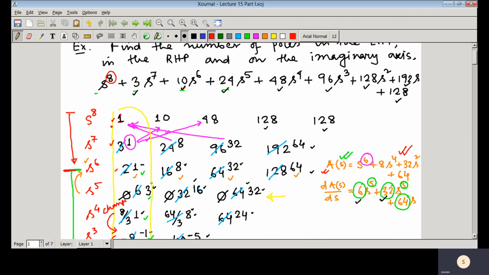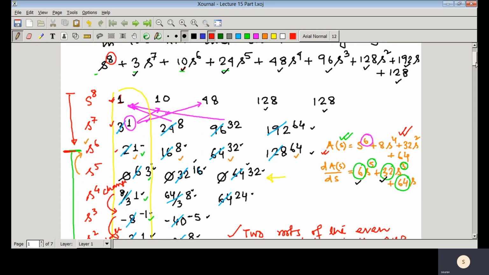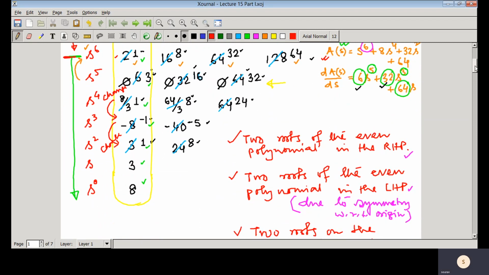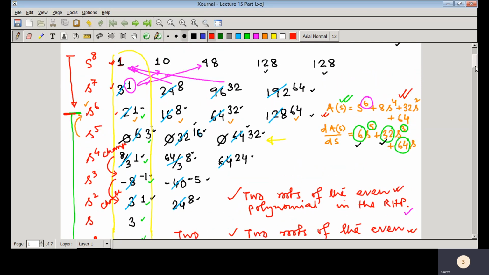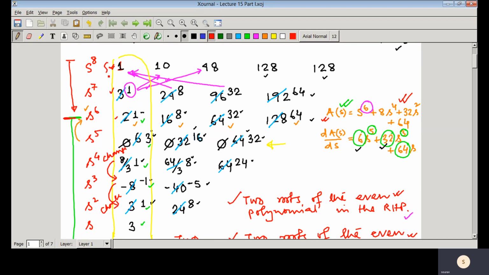So that means the other two roots will also be in the left half of the S plane. So that means for that even polynomial, two roots are on right half plane and two roots on left half plane, plus two roots in left half plane. So these roots, we are getting the locations from this part of the Routh table.